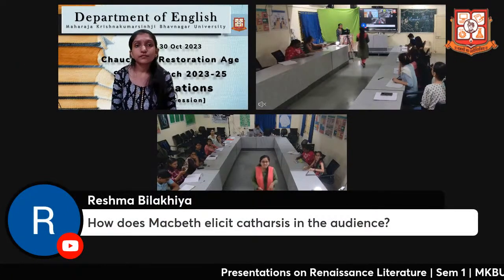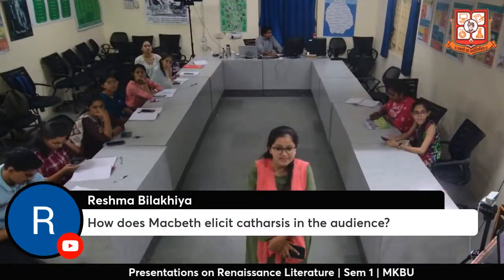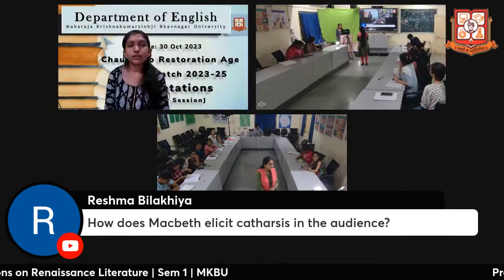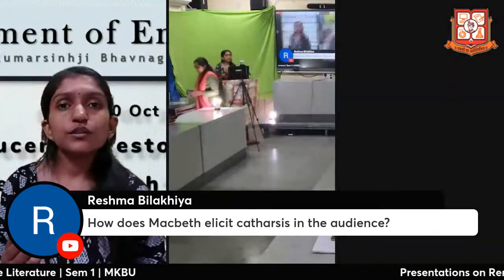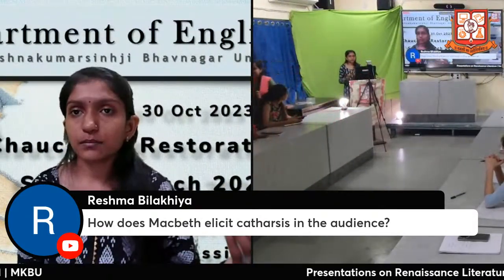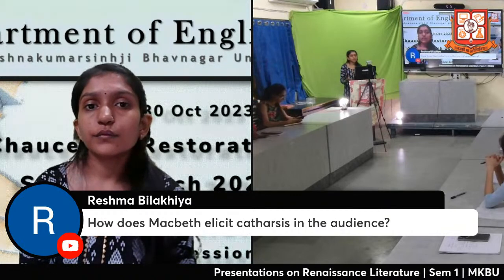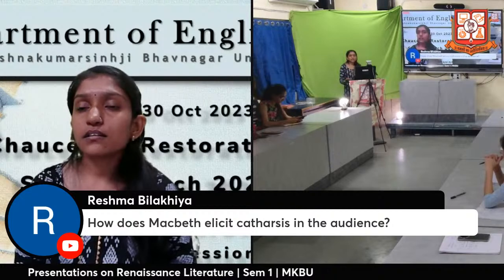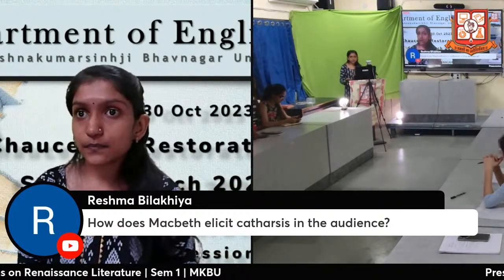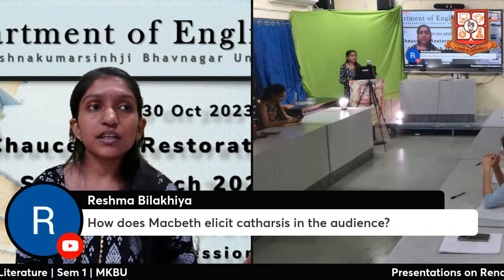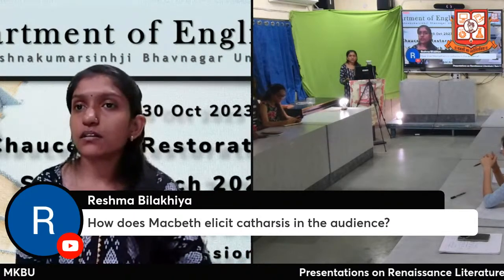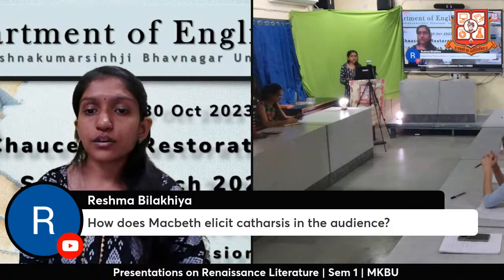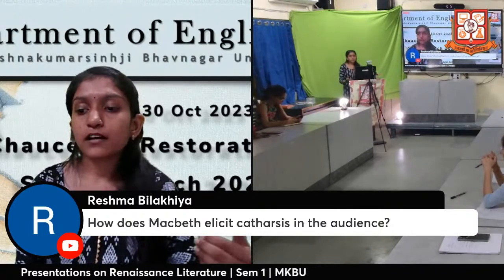So my question is, Ria, how does Macbeth elicit catharsis in the audience? Okay, so as we already know the story, we go through Macbeth, and we especially find the murder of Duncan and Lady Macbeth's madness in a way which creates pity and fear in the reader's mind, according to Aristotle's concept of tragedy.